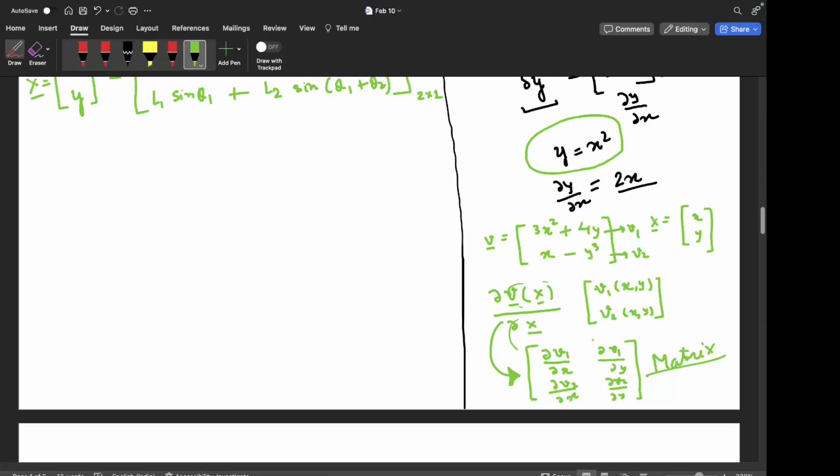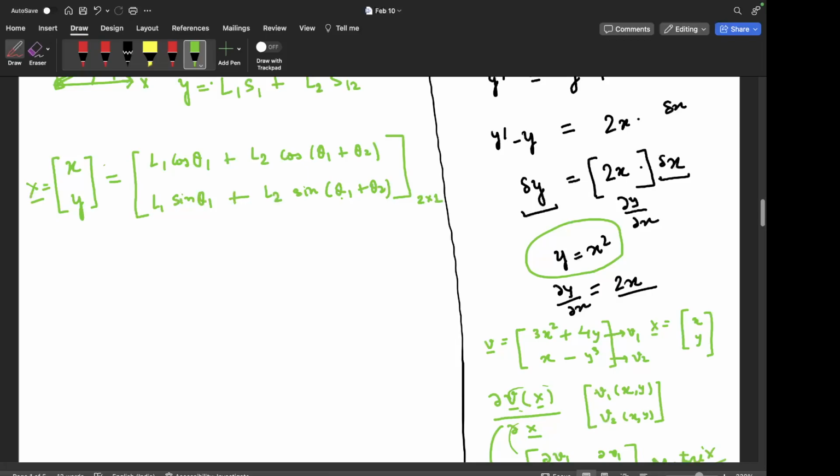If there would have been another variable z, there would be one more column here, right? So you can also tell by the number of elements in v and in x what the size of the resulting matrix will be. Since there are two elements in v and two elements in x, this is a 2 cross 2 matrix, and that's the case here too, right?